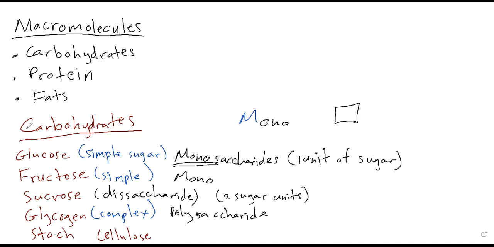So glucose and fructose, those are the two monosaccharides that you need to know. Sucrose is a disaccharide. You will have to know the structure of sucrose. But the next ones, they don't need to know to draw.